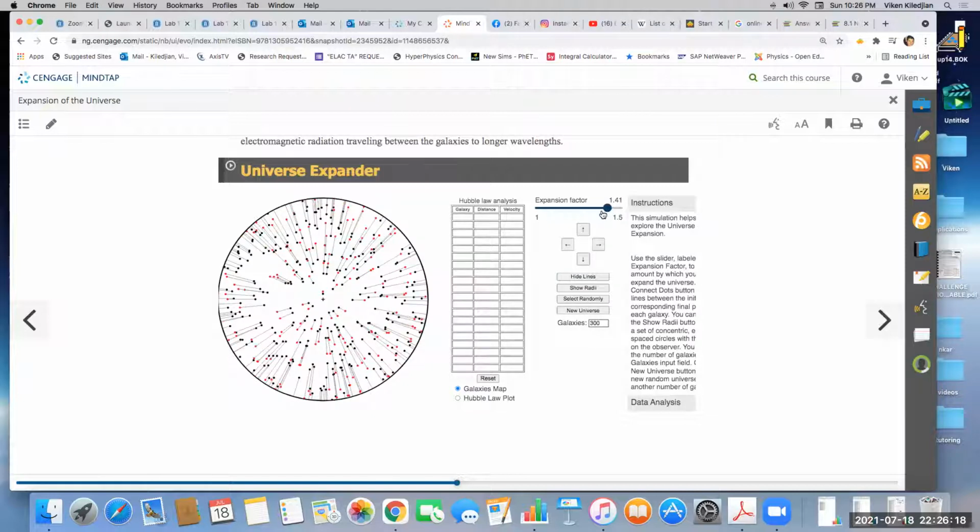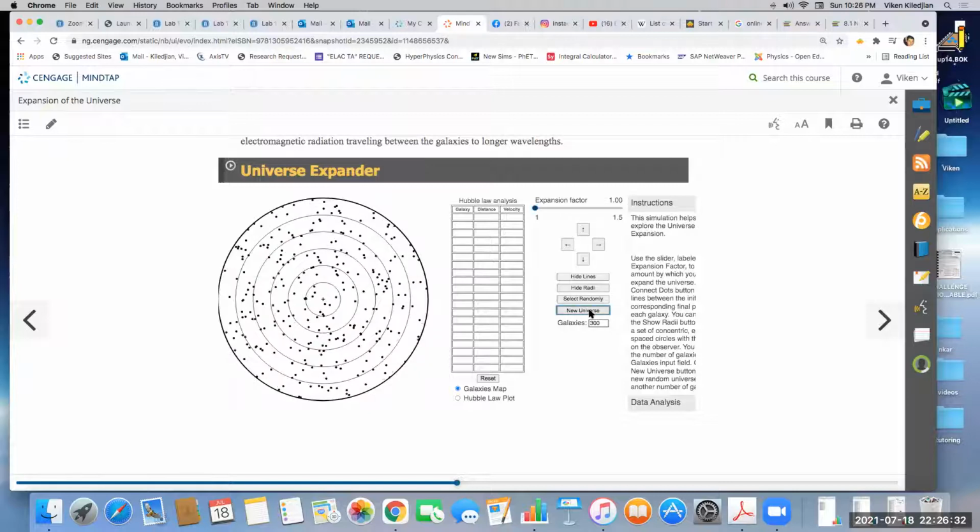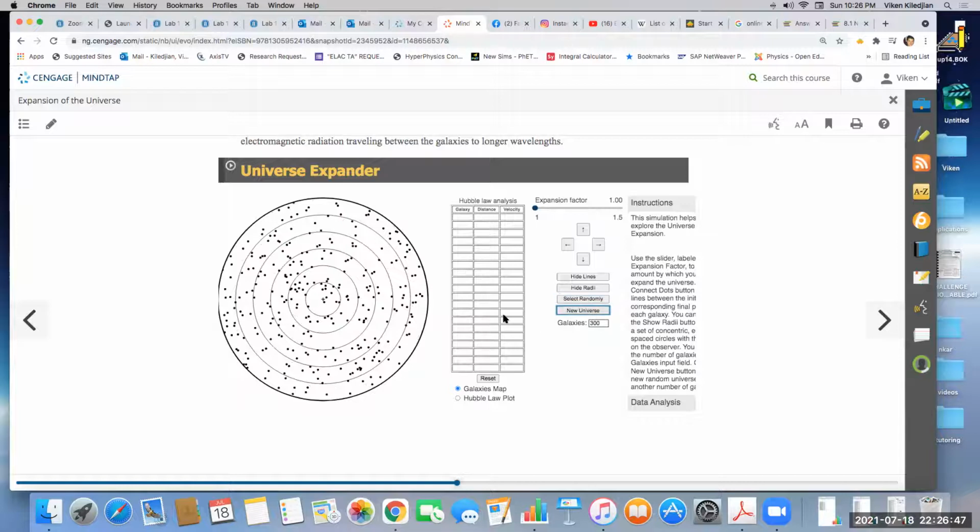Okay, and then show radii. New universe. Reset. We're just exploring here now. Select randomly. Hubble law analysis, new universe. Show radii. Okay, let's just see here.